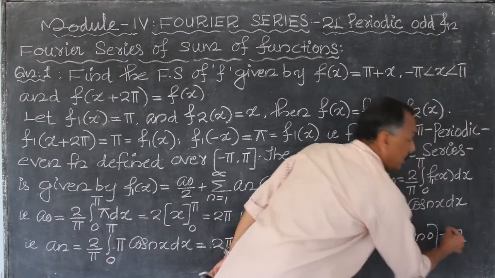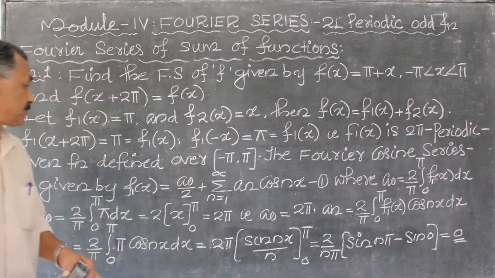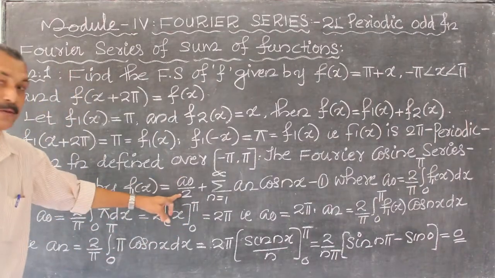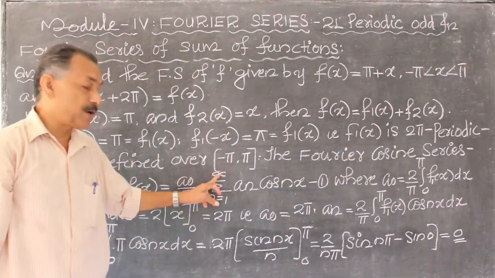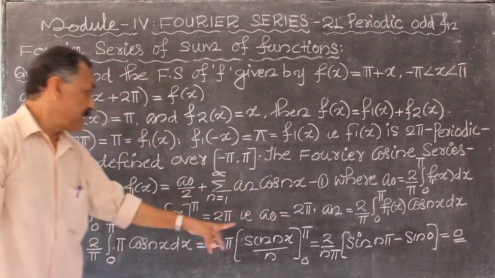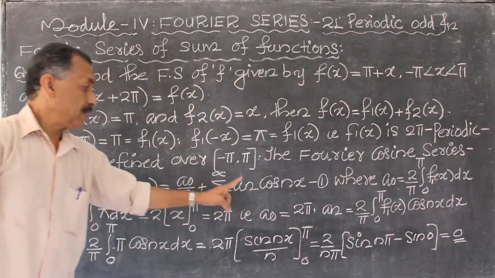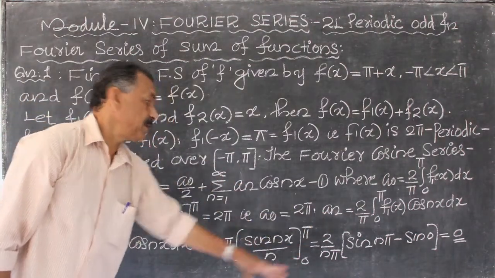Okay. Then the Fourier series of f1(x) is equal to a0 by 2 plus sigma n is equal to 1 to infinity an cos nx. Where a0 is equal to, what is the value of a0? A0 is equal to 2 pi. Then an is equal to 0.